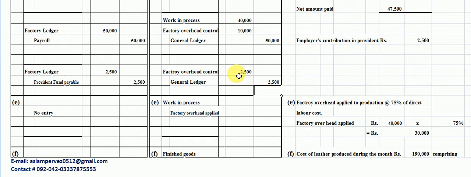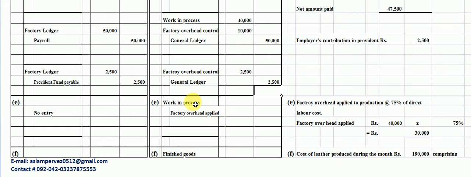Now, friends, let's move to the next transaction as E part. Factory overhead applied to production at the rate of 75% of direct labor cost. Students, the direct labor cost is 40,000 rupees multiplied by 75%, the amount is 30,000 rupees. Students, this expense belongs to the factory.